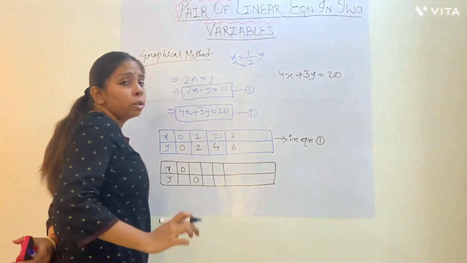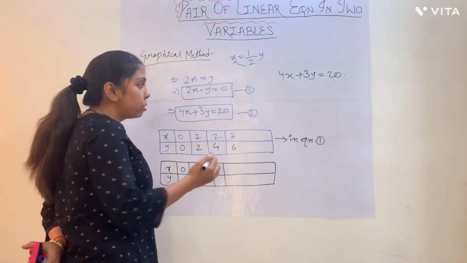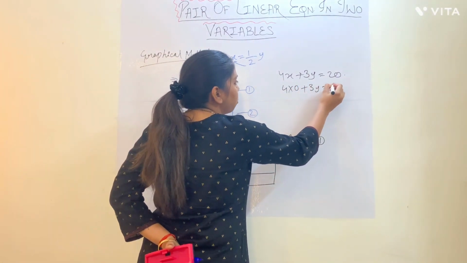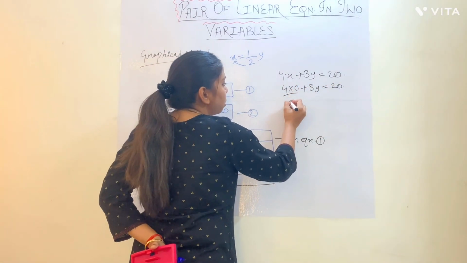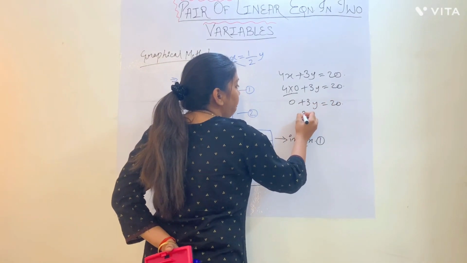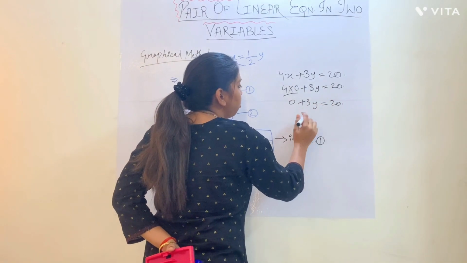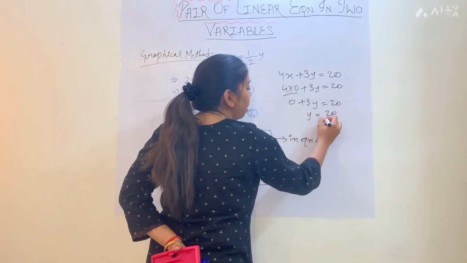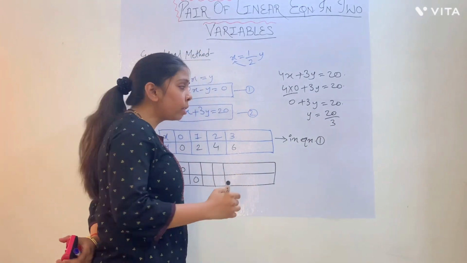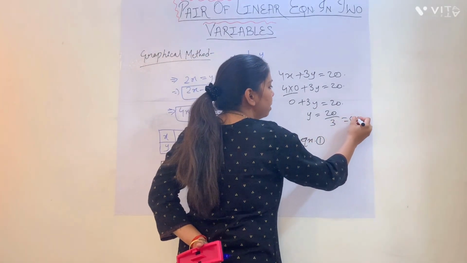At x equal to 0, what is the value of y? We put x is equal to 0: 4 into 0 plus 3y is equal to 20. So it is 0, and 3y is equal to 20, and the value of y is 20 by 3. It is also equal to 6.66.